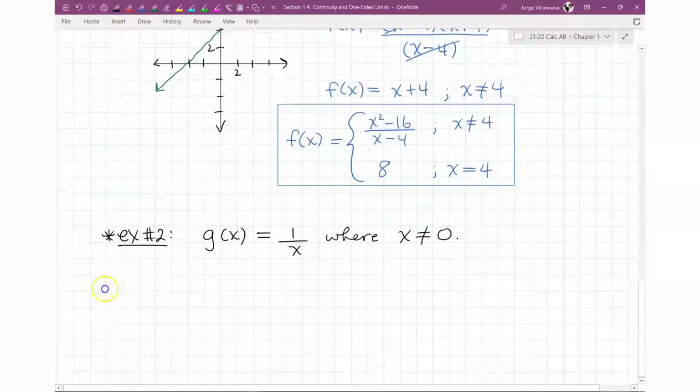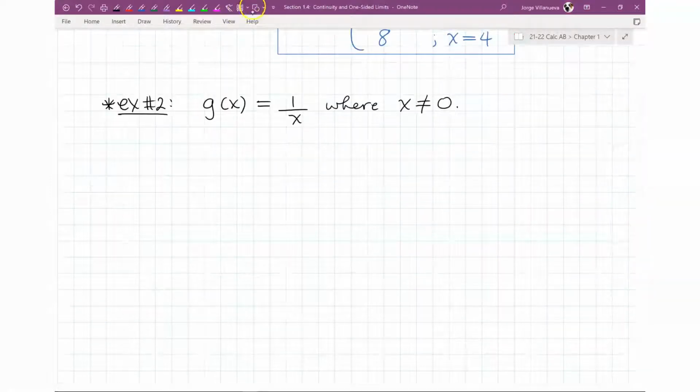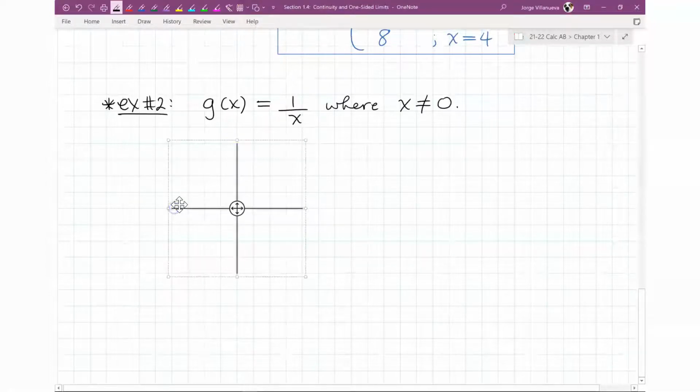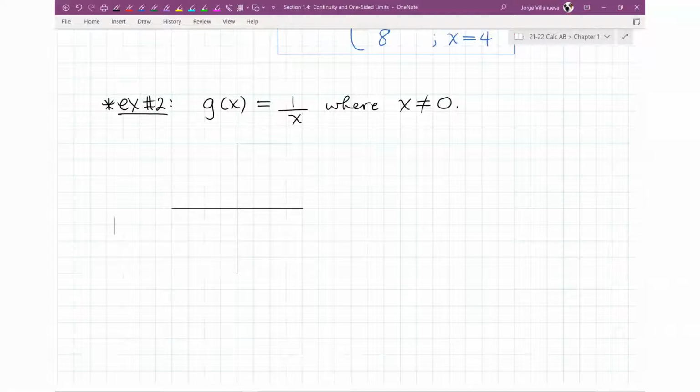So let's graph this one. So again, example 1 is called removable discontinuity. Okay? Example 2 is called non-removable discontinuity. But we'll give it that title in a bit.